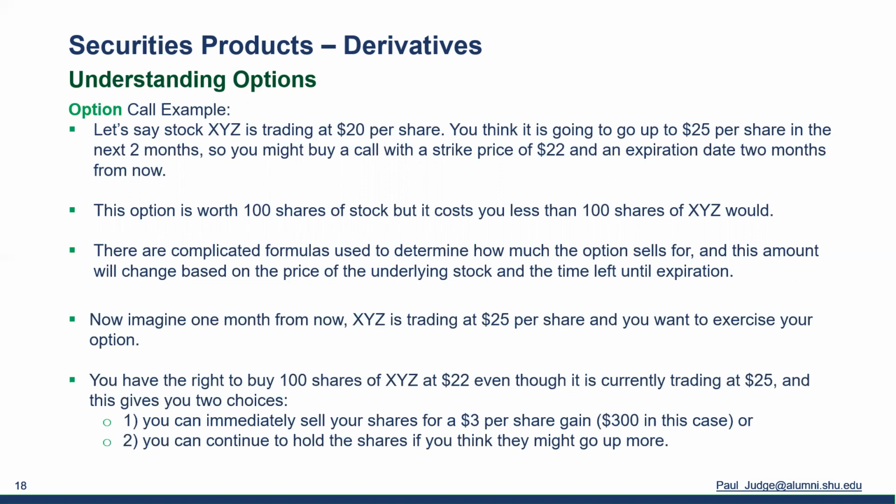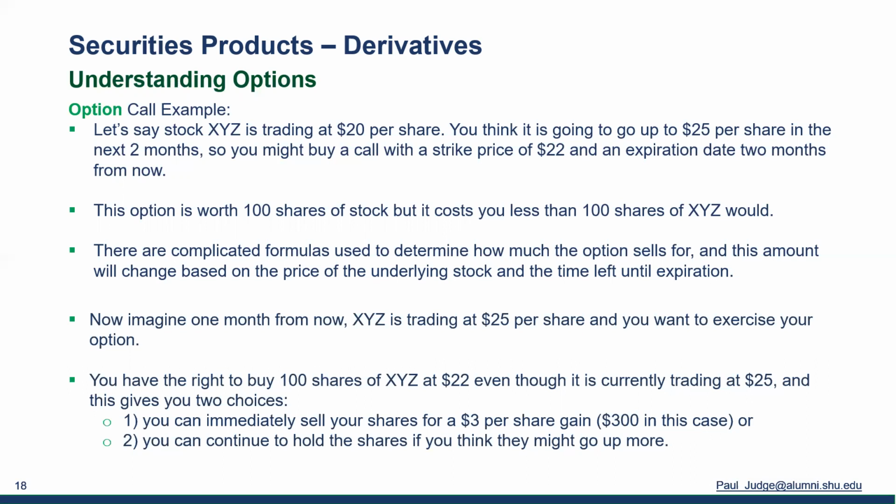Now, let's say you imagine that 1 month from now, XYZ is trading at $25 a share, and you want to exercise your option. You have the right to buy 100 shares of XYZ at 22, even though it's currently trading at 25. And this gives you 2 choices.